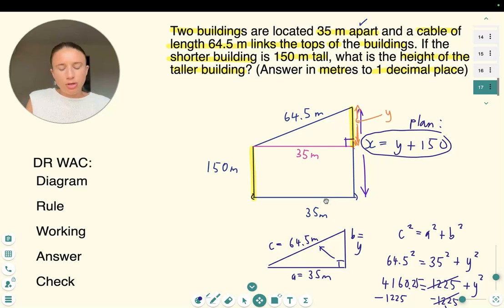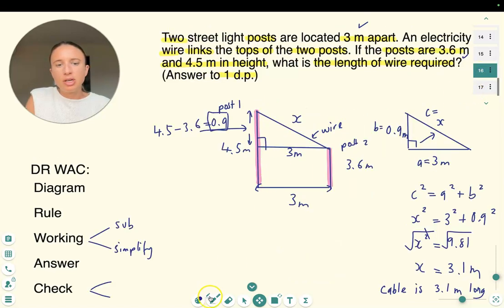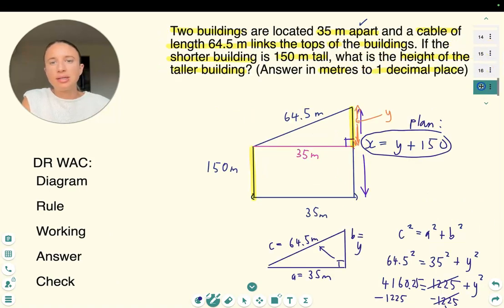Okay, so I hope that made sense. The key is when you're given these weird quadrilateral type shapes, draw in that line across, separating it. And then find as much information as you can about this little right angled triangle. Draw a diagram if you need to, and make sure you know what you're trying to find.